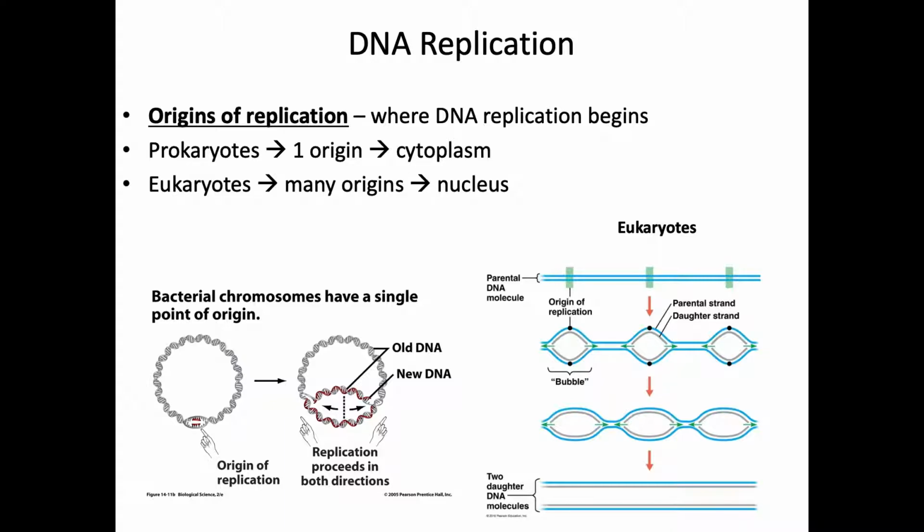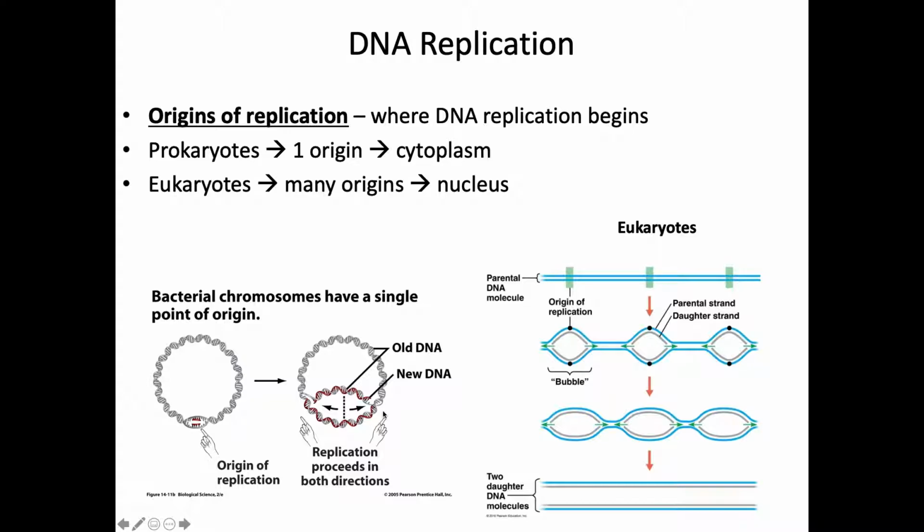That's your origin of replication. Then the bubble will get bigger and bigger, with replication occurring in this direction and in this direction to be more efficient. When it proceeds in both directions, we call it bidirectional.